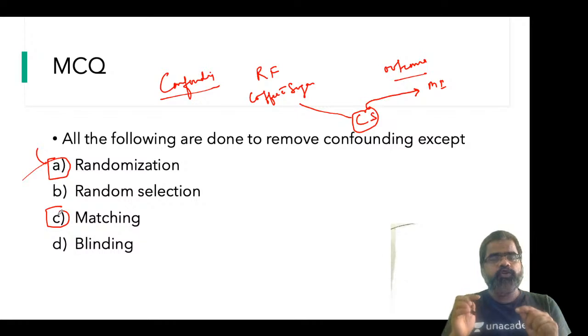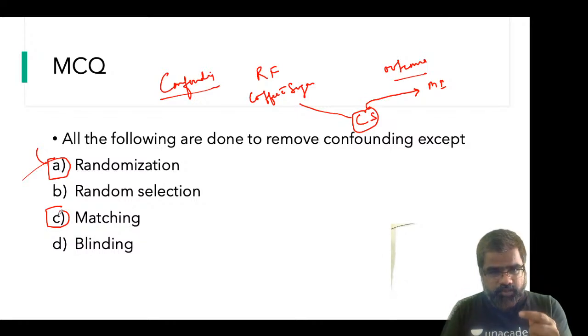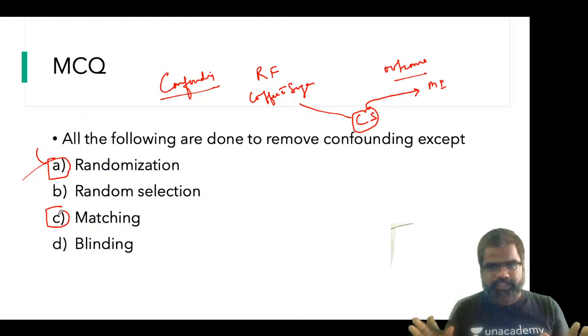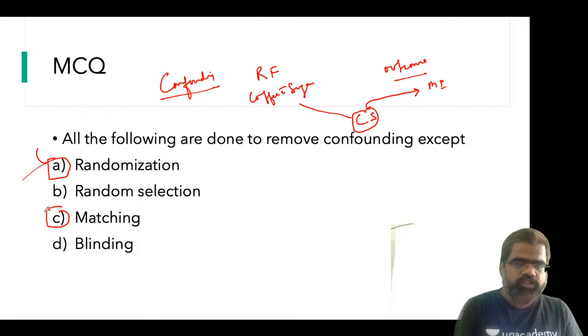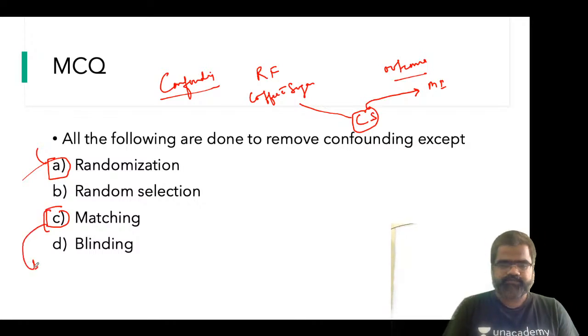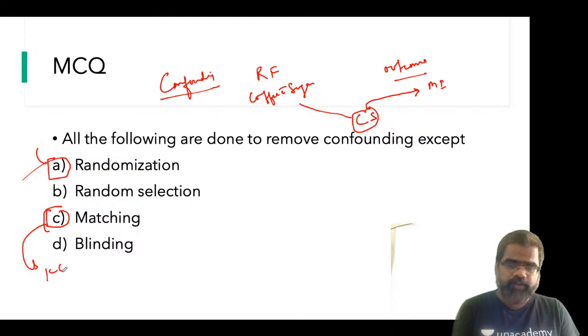You will only be matching those things which you know. The things which you don't know, you will not be able to match, right? So matching also removes known confounders.